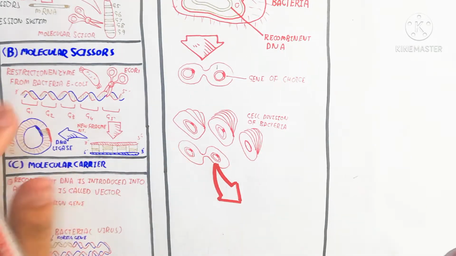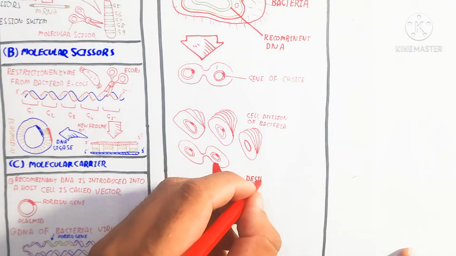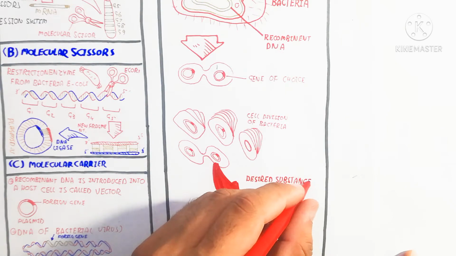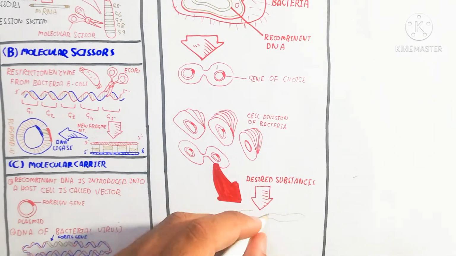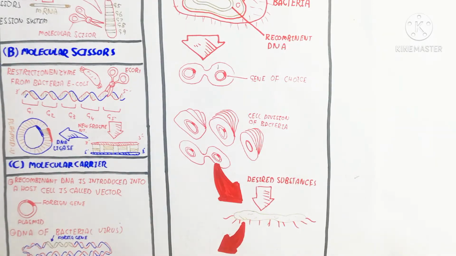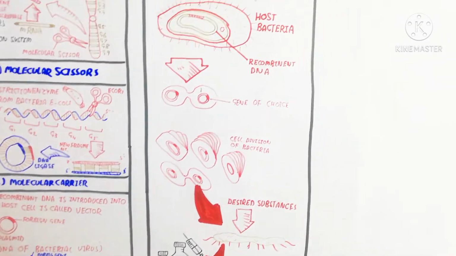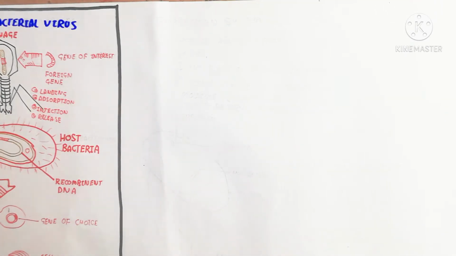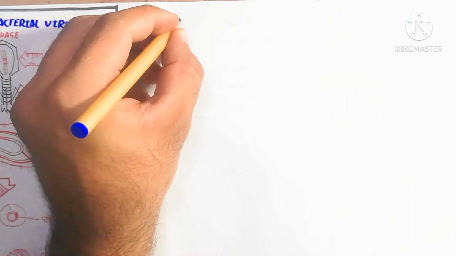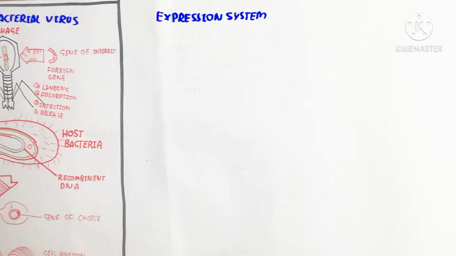For example, these are prokaryotes, where pro means before and karyon means nucleus, meaning no nucleus is present. So it is an easy way to amplify the desired gene in bacteria by replication. The DNA replicates and the cells divide, so the desired substance is amplified and also produced, for example insulin, etc.